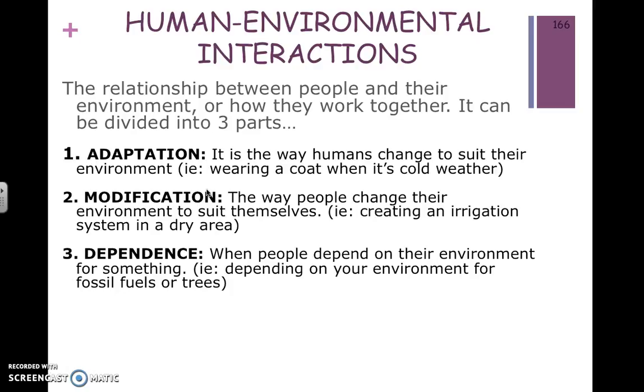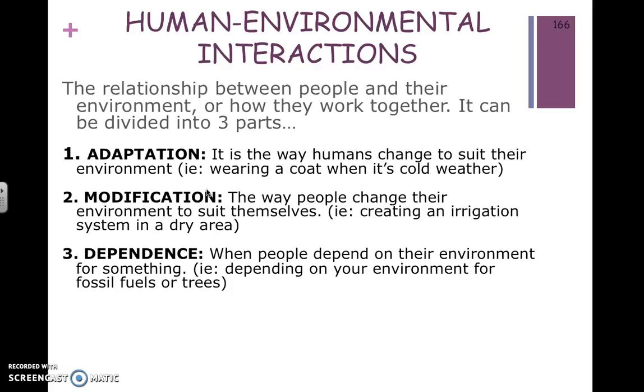So when we think about HEI, we can look at it in three sub-themes, and I just mentioned them. The first one is adaptation. In this instance, it's humans adapting to a changing and evolving environment. In Delaware, we have 4 distinct seasons. When the seasons change, the weather changes.